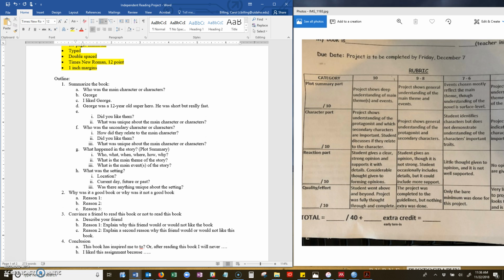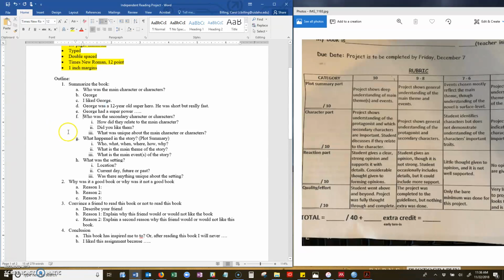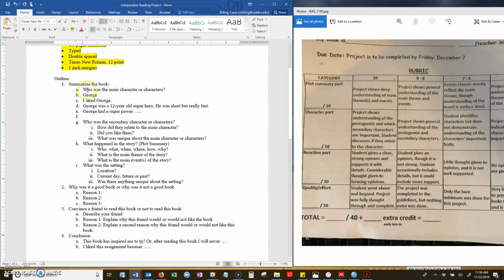Then I would talk about what is unique about George. George had a superpower, and then I would go on and I would explain what the superpower was. Then I would erase this stuff. So that way I know I've covered, this is like my first paragraph, and then I would work that into a paragraph, into full sentences.